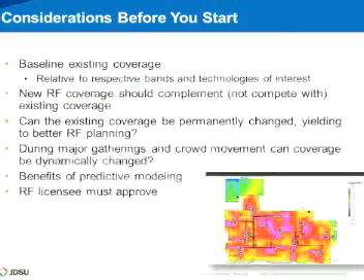Also, the existing coverage can be permanently changed, yielding better RF planning, meaning it's not uncommon that we've seen macro sites turned off or greatly downtilted, or the power greatly reduced, when a DAS system is employed within a large venue. There are also considerations during major gatherings and crowd movement. Can the coverage be dynamically changed?